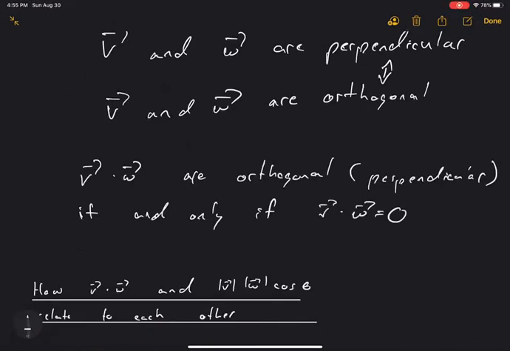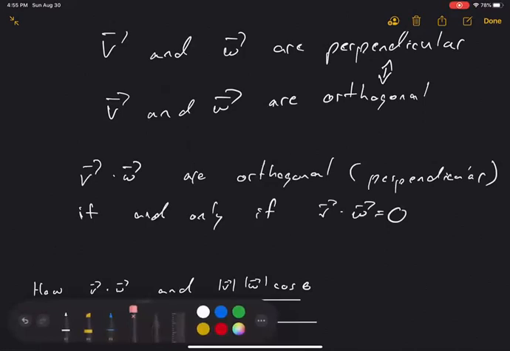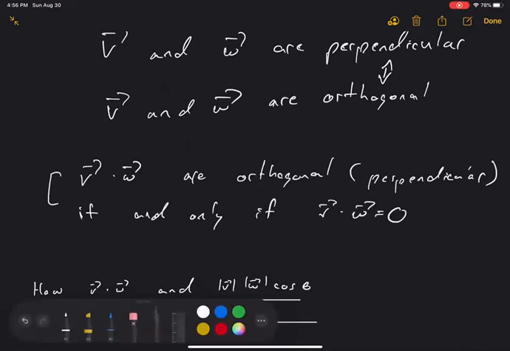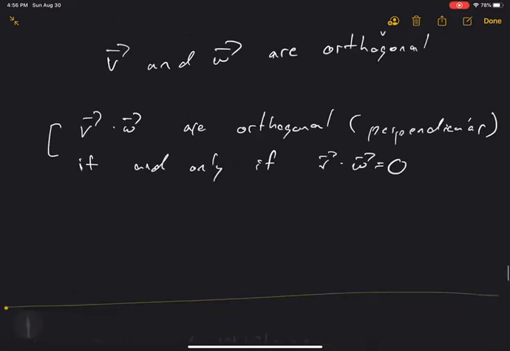What does this phrase "if and only if" mean? Think of it as two different statements.